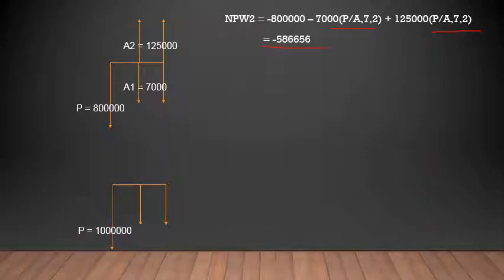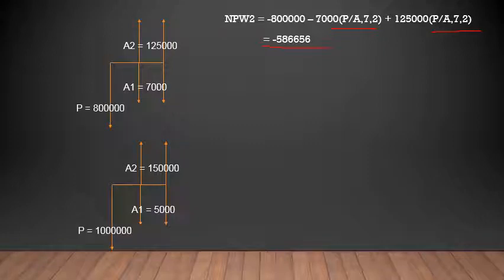Let us take the plan 3 cash flow diagram. Initial investment of 10 lakh, annual revenue of 1,50,000, and the annual operating cost of rupees 5,000. Here also I assume the entire project to end at the year 2. Whatever I have after year 2, they are all neglected. Okay, they are not discounted.